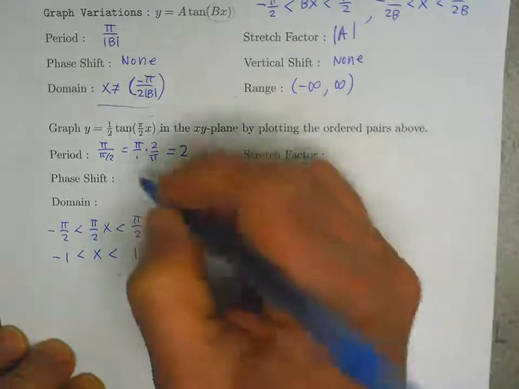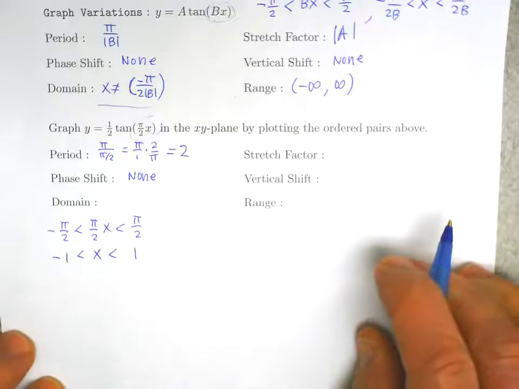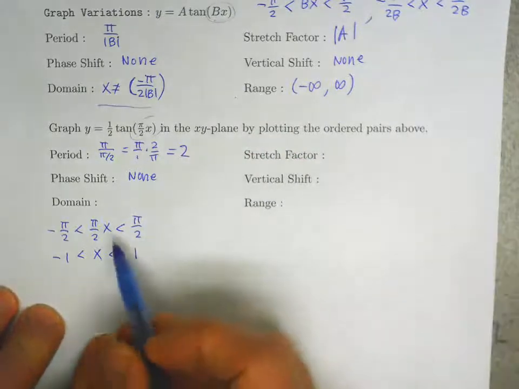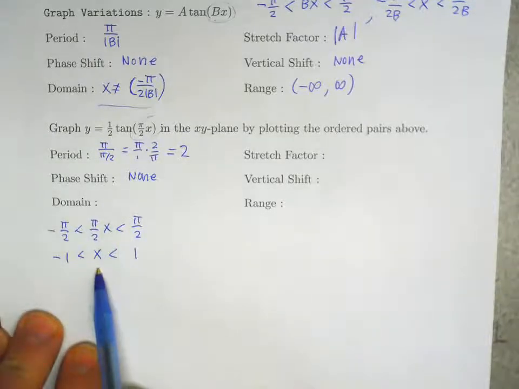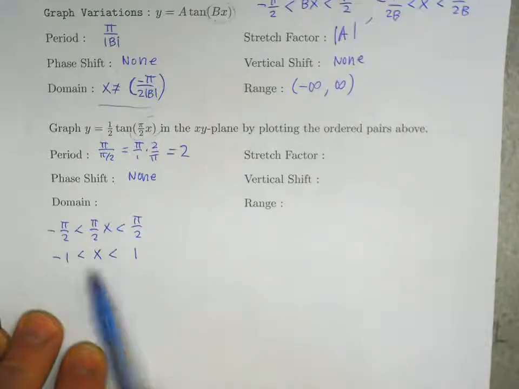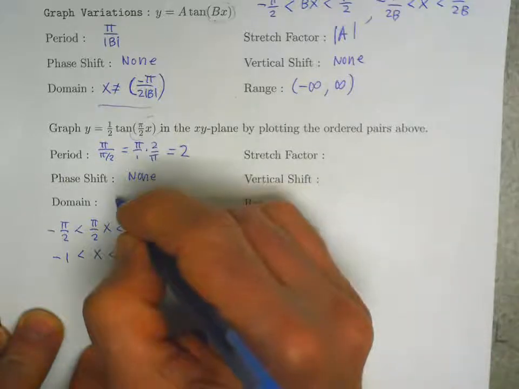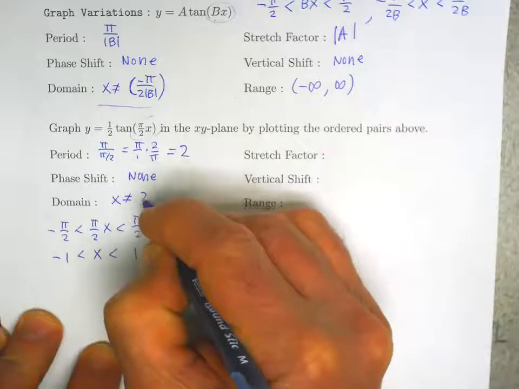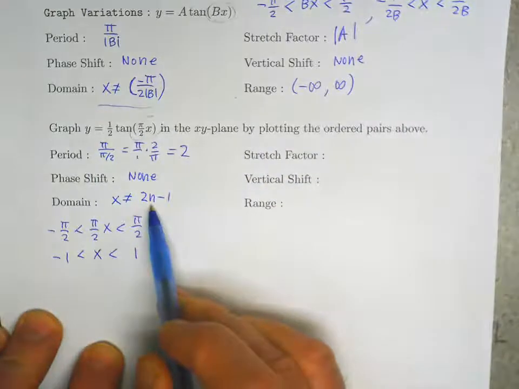Here we don't have a phase shift. And the domain is every real number except the odd integers. So x does not equal 2n minus 1 for any integer n.